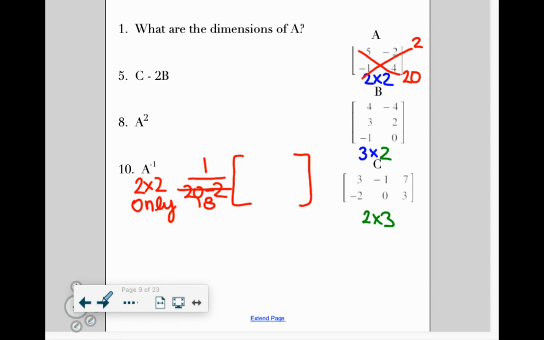Then, for the matrix portion of this, you're going to flip this diagonal, and for this diagonal, you're going to multiply it by negative 1. So the 4 and the 5 switch places, and the other 2 switch signs. And that is the inverse of A.